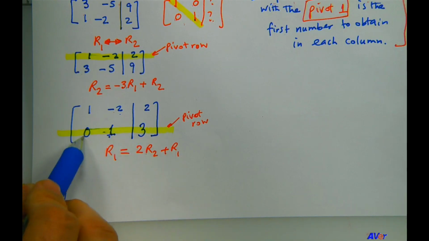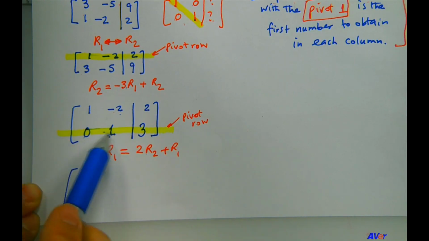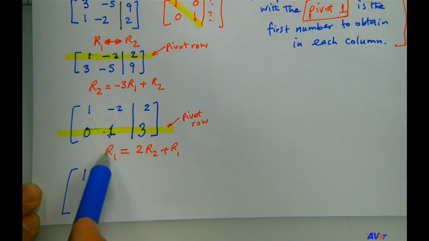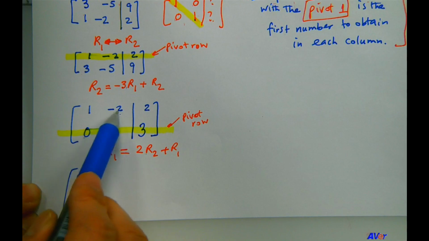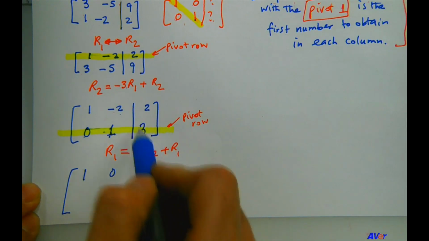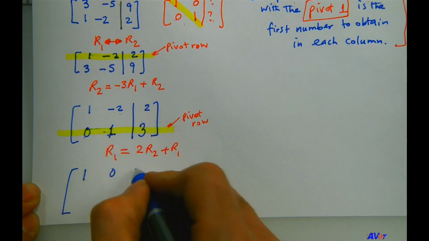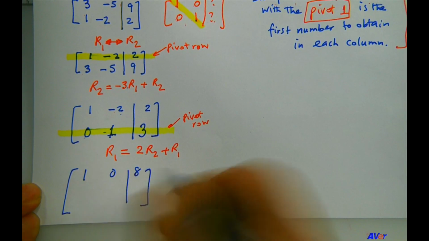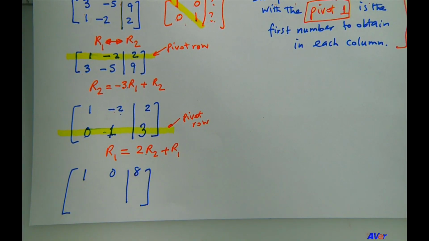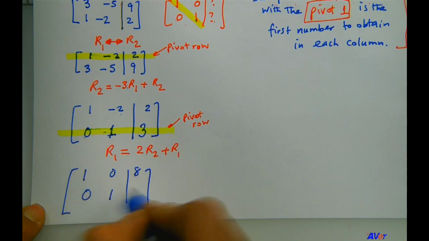So 2 times 0 is 0, plus 1 is 1. 2 times 1 is 2, plus row 1, which at this point is minus 2, gives 0. 2 times 3 is 6, 6 plus 2 is 8. Now let's write down the pivot row as it was, 0, 1, 3.